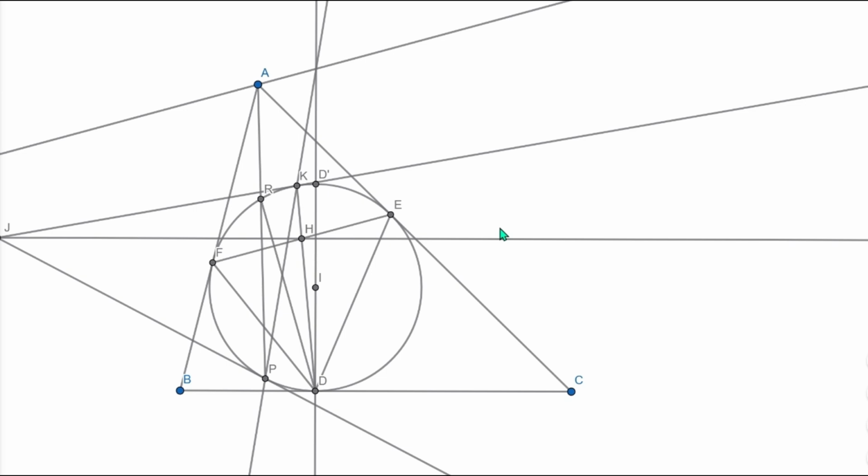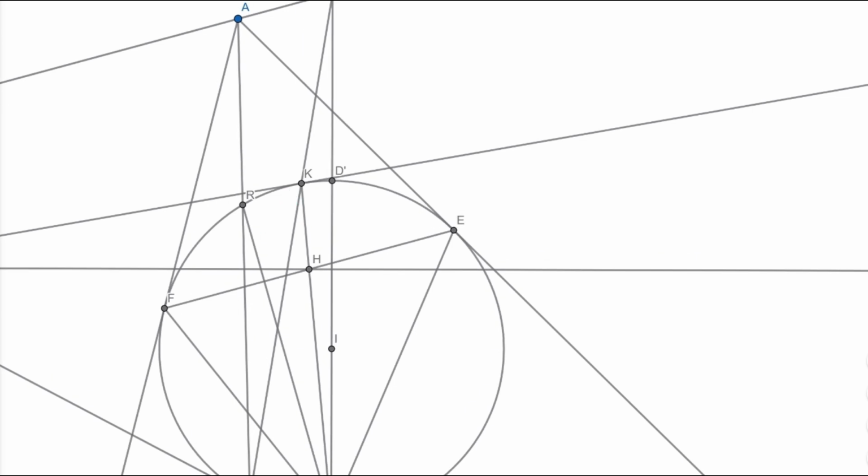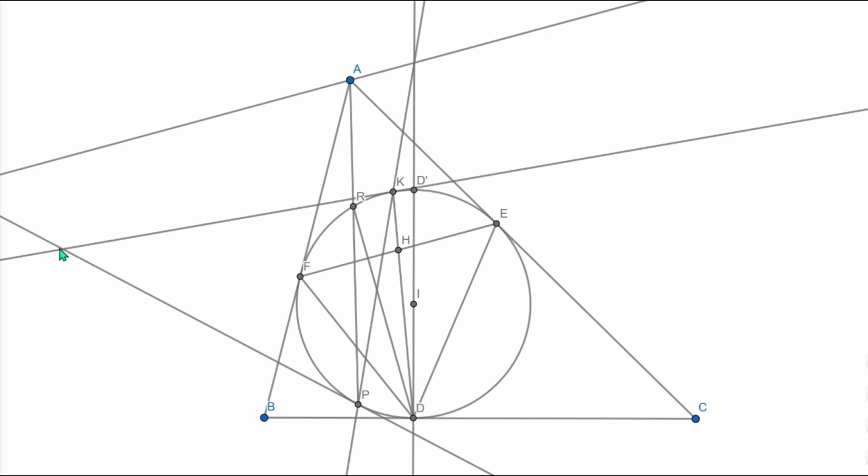How do we prove this? Well, given the projective nature of this problem, suppose that we ignore the point J for now. And suppose we construct a line through H parallel to BC, something like this.